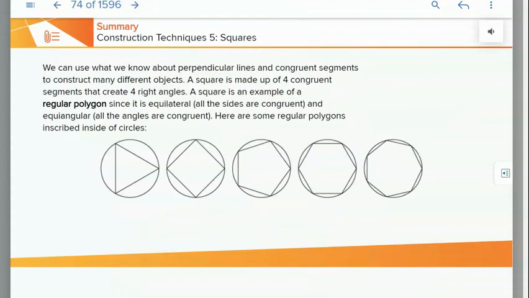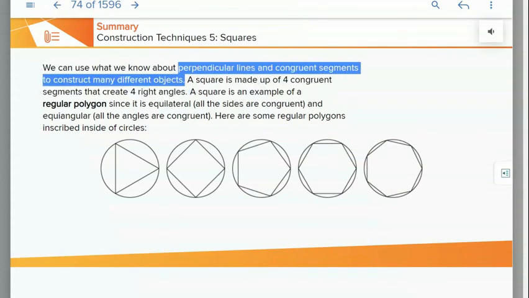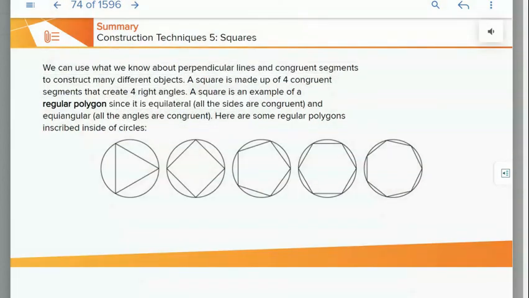Our summary for squares. Just to reiterate, we know that we use perpendicular lines and congruent segments to construct different objects, right? We just did that with the square. It's made up of 4 congruent segments that create 4 right angles, 90-degree angles. A square is an example of a regular polygon. Since it's equilateral, all sides are congruent.